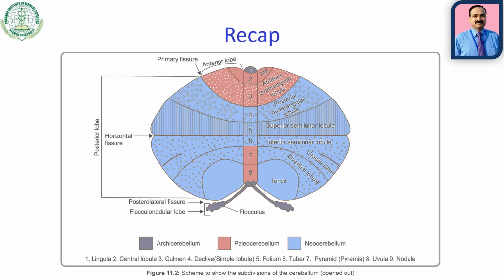We have seen its features, different lobes, fissures, morphological and functional subdivisions, and the histology, or we can say the structure of the cerebellum. Today we are going to study the deep nuclei, function, connections, and applied anatomy of the cerebellum.